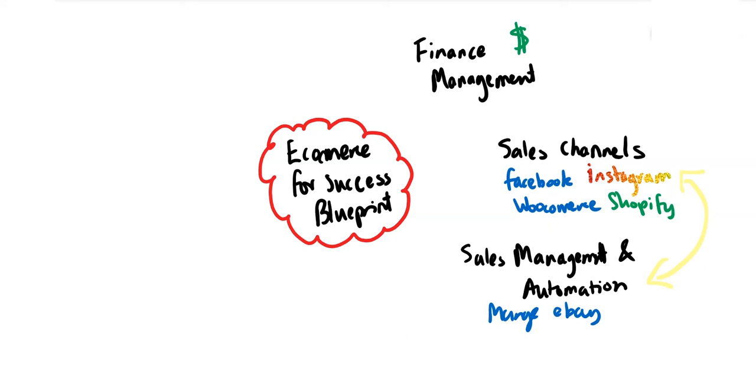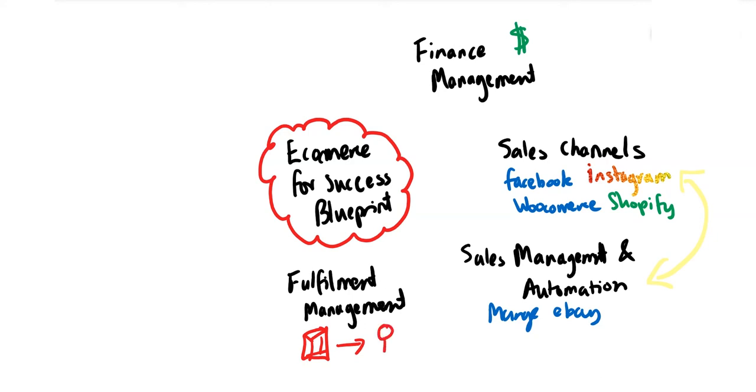Now, once you've figured out your sales management, it's then looking at the next step of fulfillment management. So, how do you get your product packed up into a nice little box and straight into the hands of the customer?